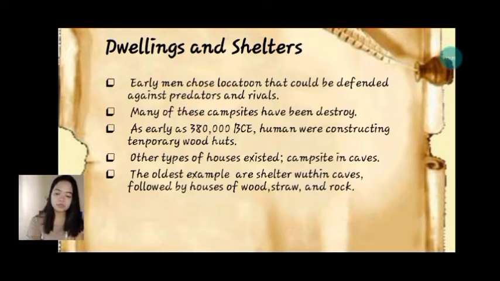Since water can erode and change landscapes drastically, many of these campsites have been destroyed. So the oldest examples are shelters within caves, followed by houses of wood, straw, and rats.